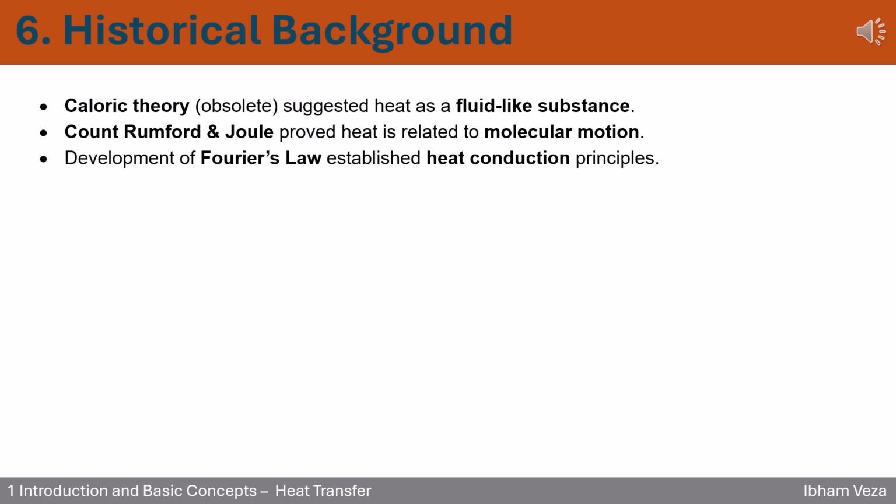It was Count Rumford and Joule who changed everything by proving that heat comes from molecular motion, mechanical energy converting into heat. Finally, the development of Fourier's law gave us the first scientific method to calculate heat conduction. Knowing this history helps you see heat transfer as a science built on experiments and discoveries, not just equations.